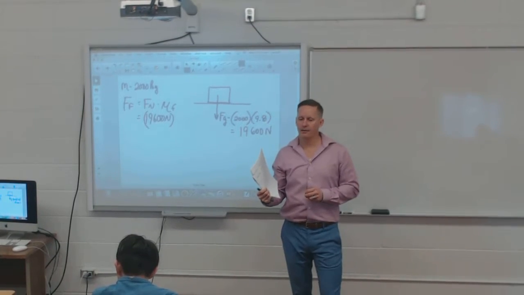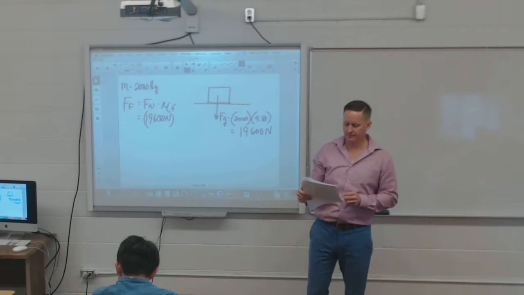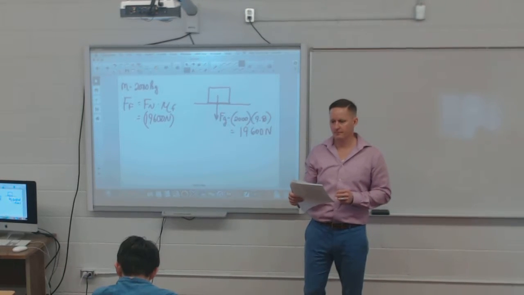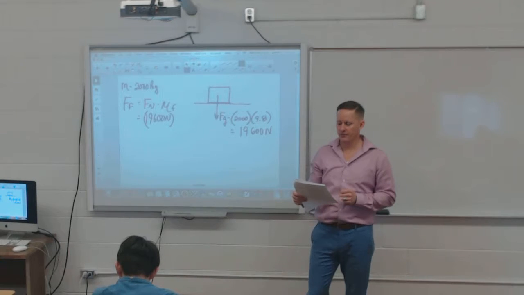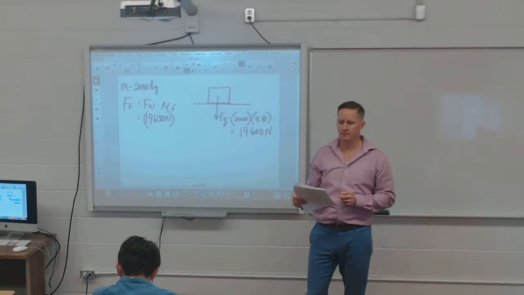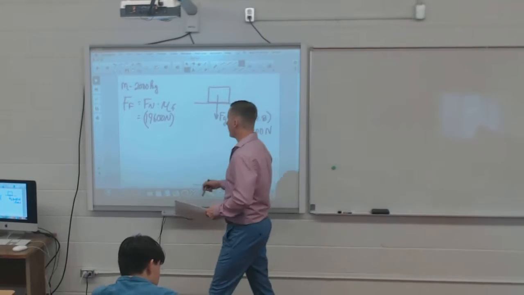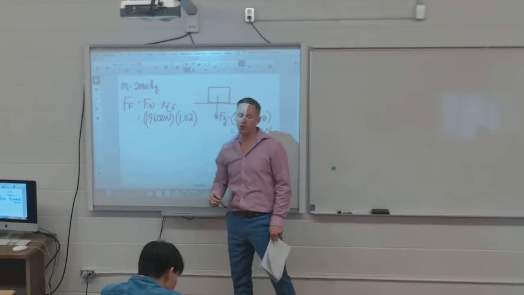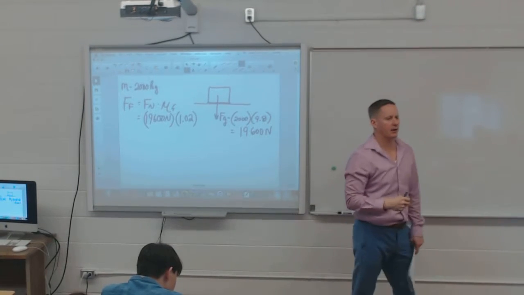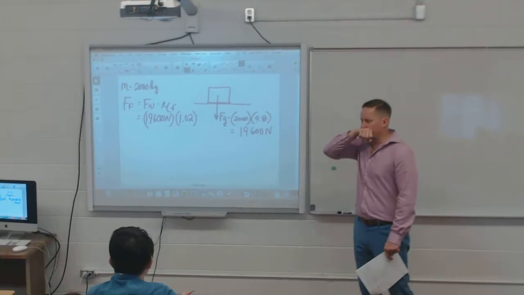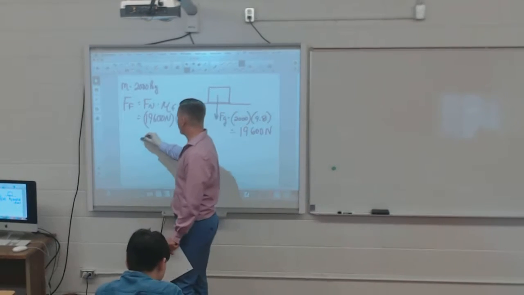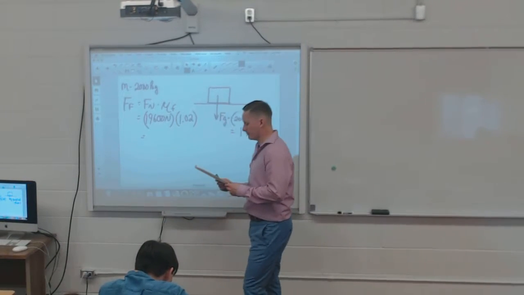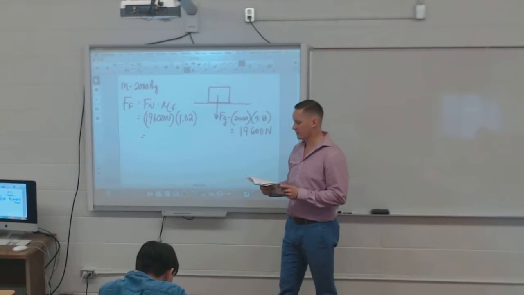Dry concrete, Brittany. So which one is it? Okay, so what's the value? 1.02. That's right. Again, it's a coefficient, so it doesn't have units on it. So therefore, the force of friction is 19,600 newtons times 1.02.